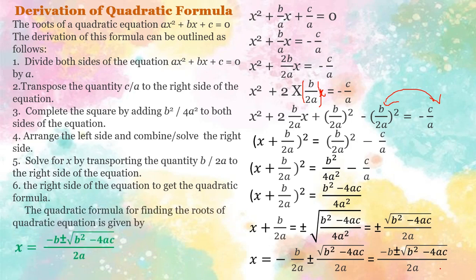We get the quadratic formula for finding the roots: x equals minus b plus or minus under root b square minus 4ac, upon 2a. So remember this formula. Whenever we have to solve a quadratic equation, we use this formula to find the roots, and using this formula we can get the roots very quickly.